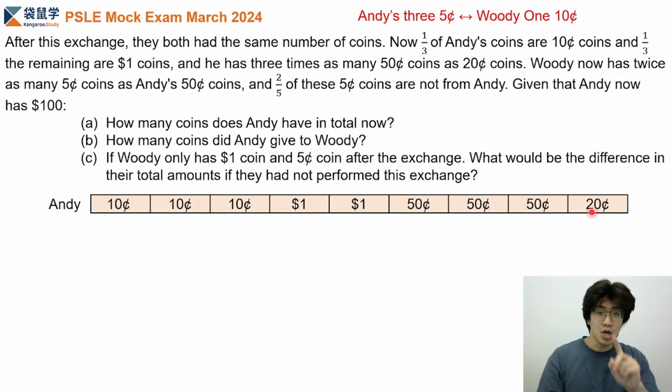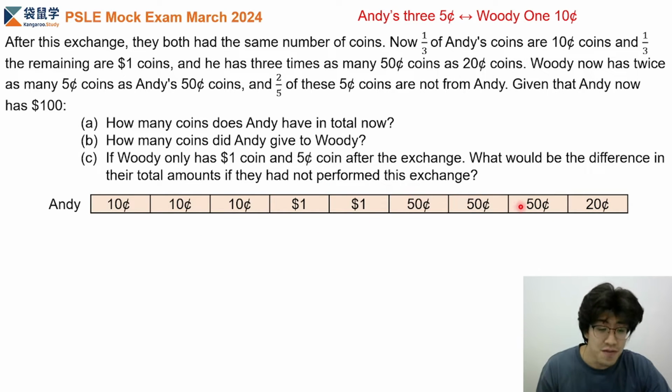Let's see if we can solve the first problem. How many coins does Andy have in total now? From the question, I know that the total is $100. Now, how did the coins sum up to give me this $100? Well, from the model, it tells us that 3 units of 10-cent coins, 2 units of $1, 3 units of 50 cents, and 1 unit of 20 cents add up together to $100.